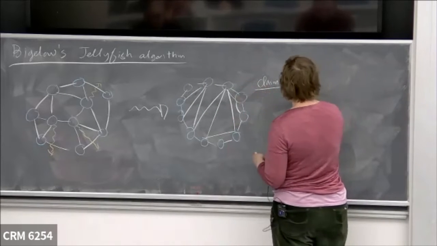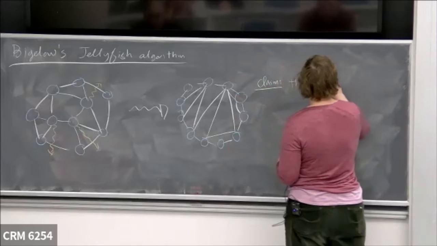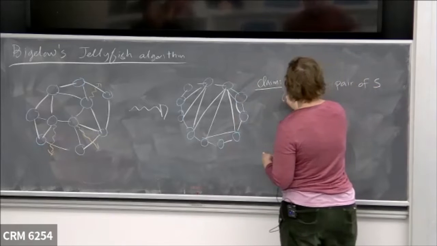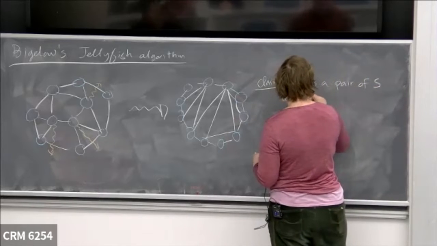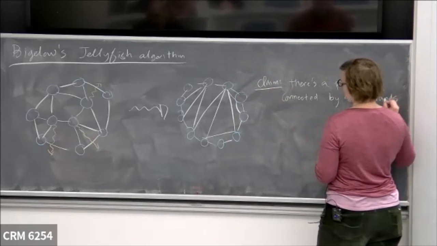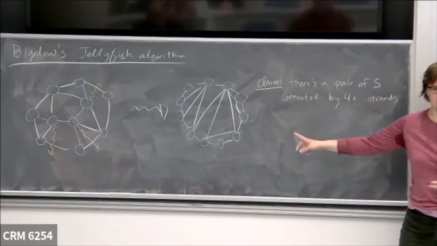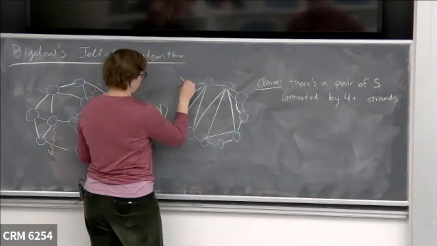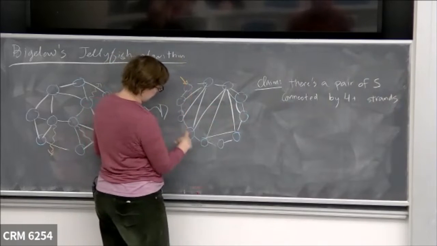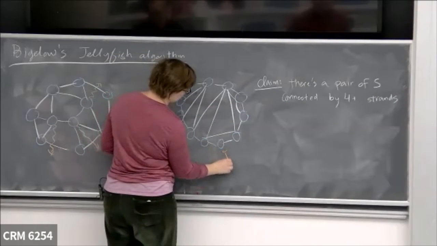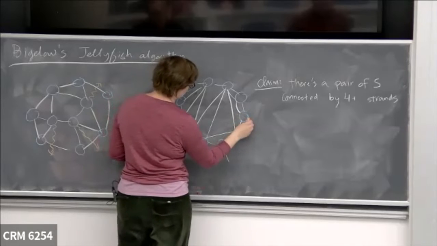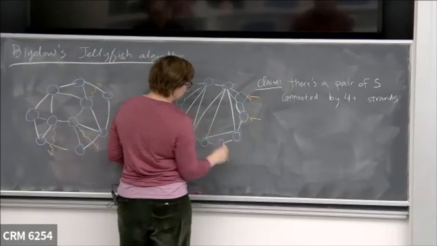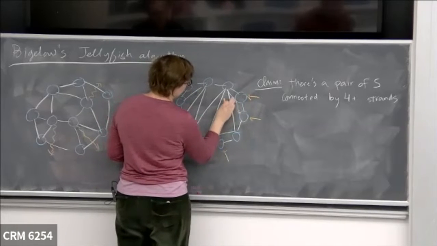Now the claim is that somewhere in here, there's a pair of generators connected by 4 or more strands. In this particular picture, it would be either this one, or this one, or I've drawn this strangely, but either of these two that we can zoom in on.